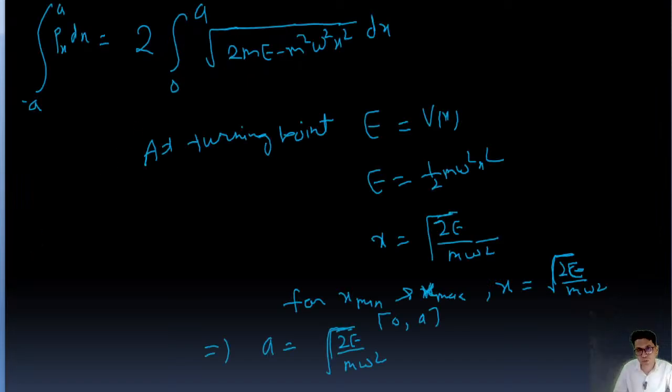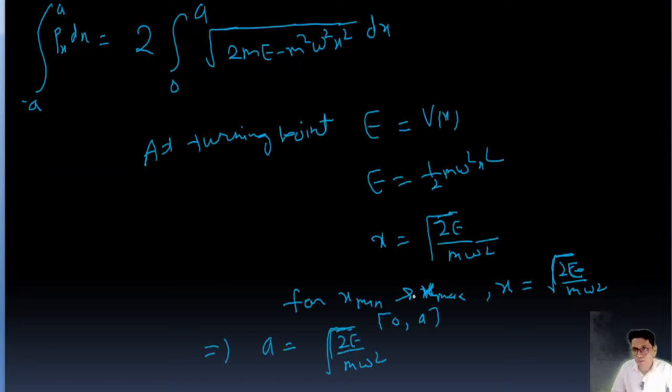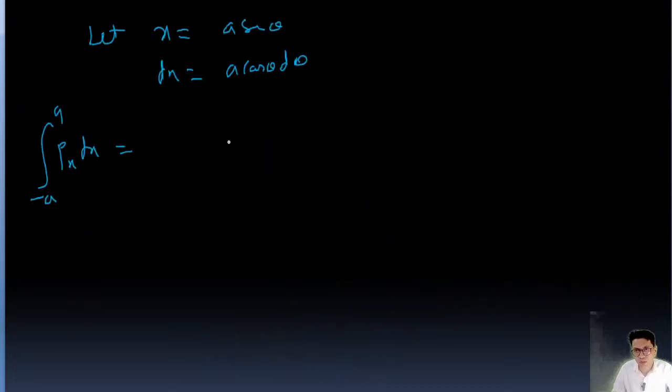So the limit is 0 to a, and it will change. When x equal to 0, theta is also 0, because sine theta is 0.